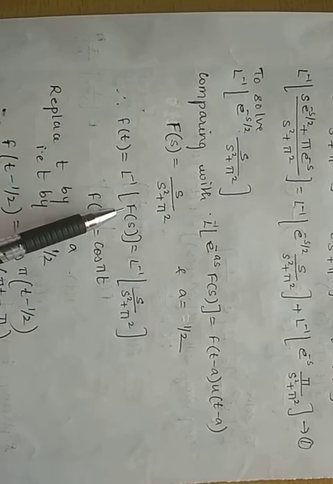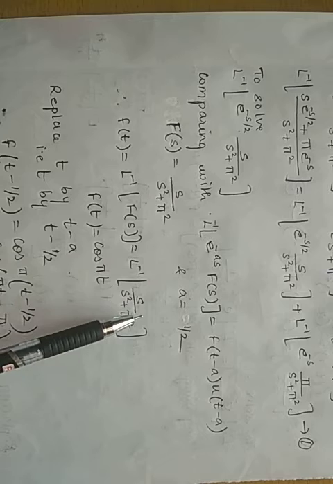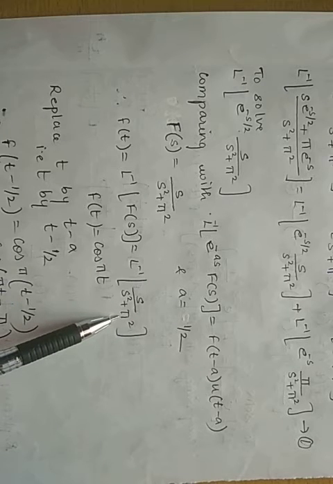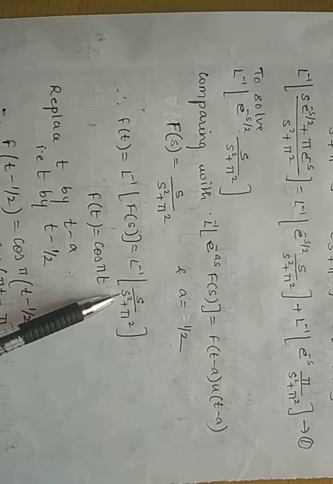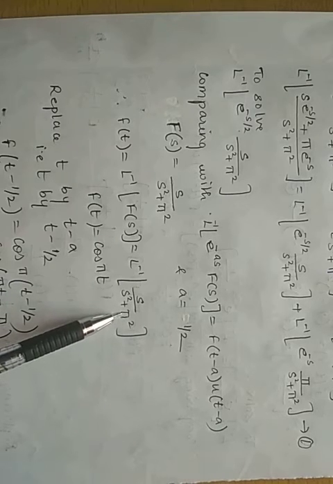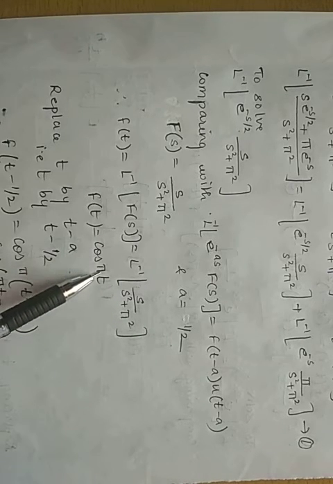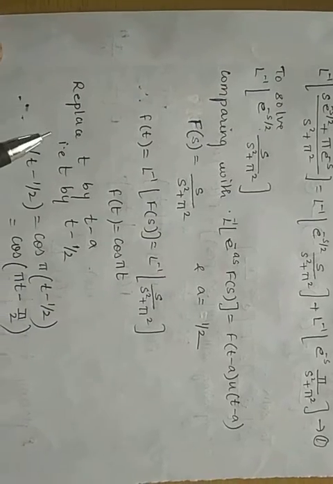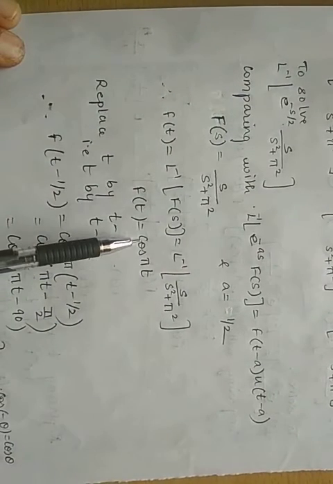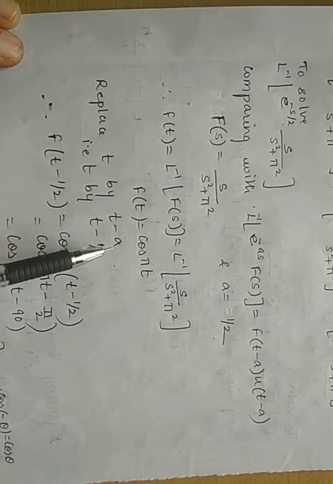So L inverse of s upon s square plus pi square is as good as s upon s square plus a square, whose L inverse is cos at. How much is a? Pi. So once we get f of t, replace t by t minus a.